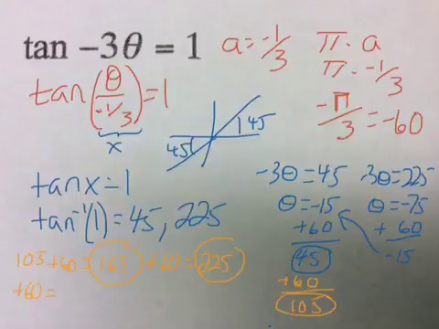And I get 285. And add 60, and I get 345. And I can't add 60 anymore without going out of the 0 to 360. So there's 1, 2, 3, 4, 5, 6 solutions.